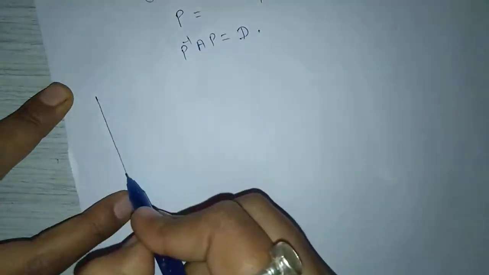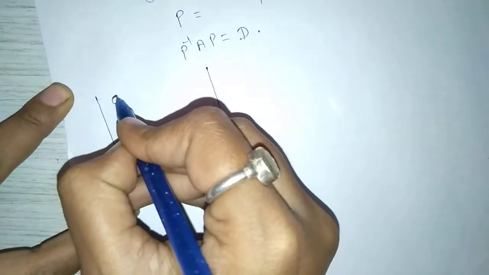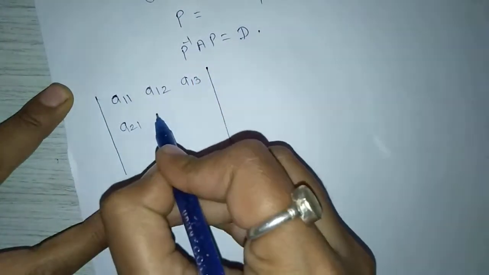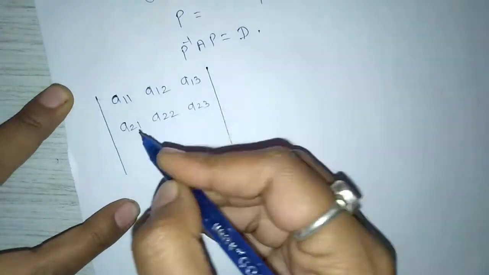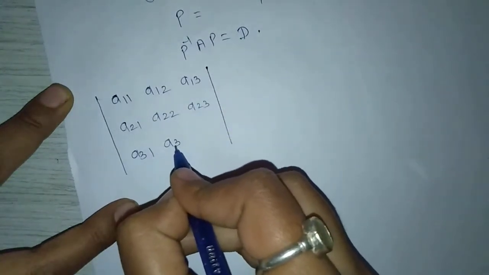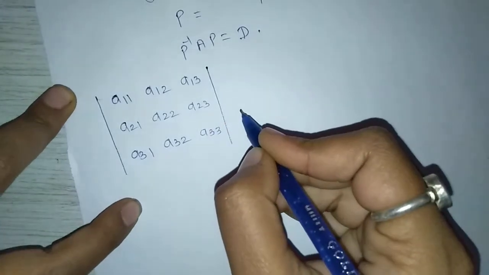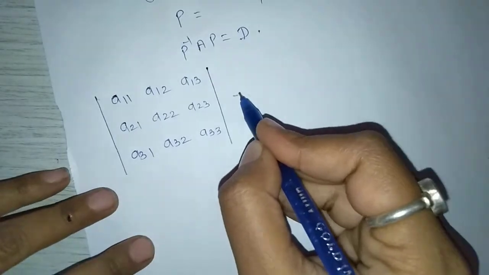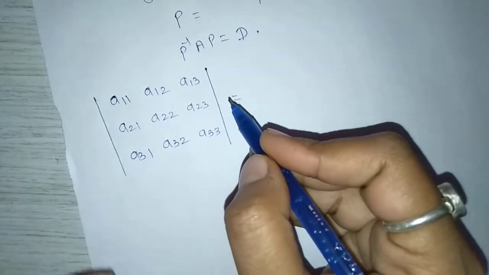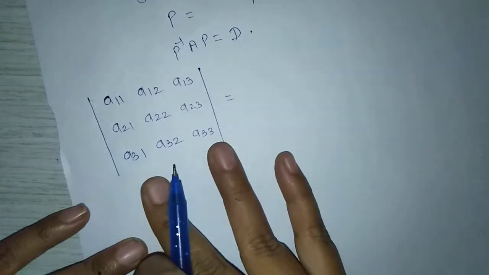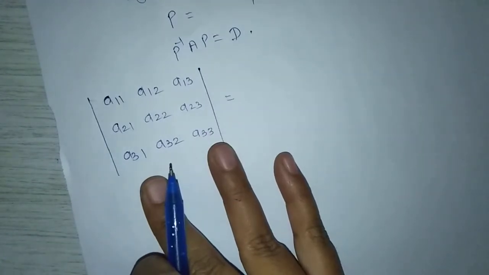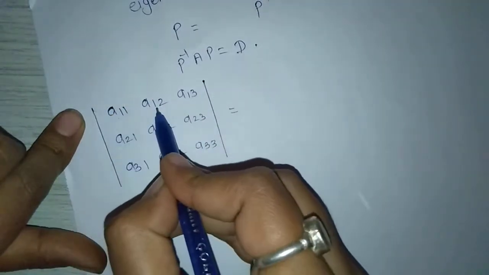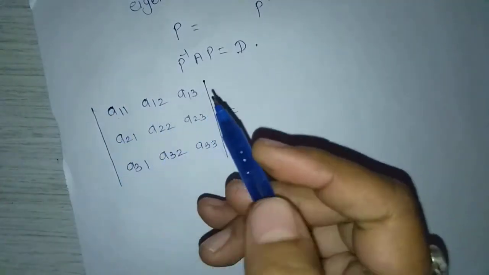First, the determinant of a 3 by 3 matrix. Suppose A11, A12, A13 is the first row, A21, A22, A23 the second row, and A31, A32, A33 the third row. The determinant equal to, for this formula, if we take the first row as a reference, here the first row is A11, A12, A13.